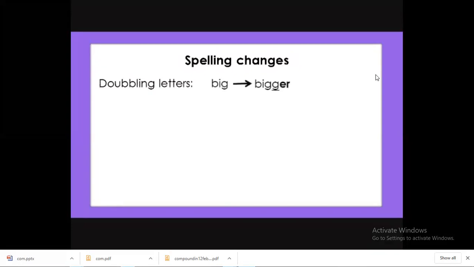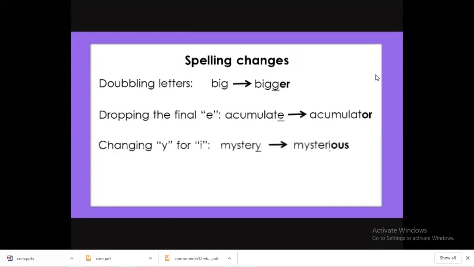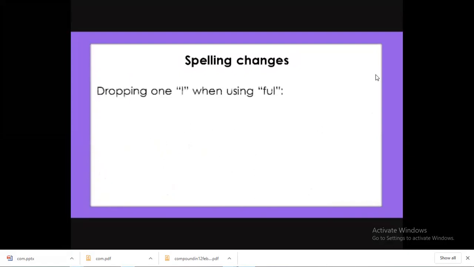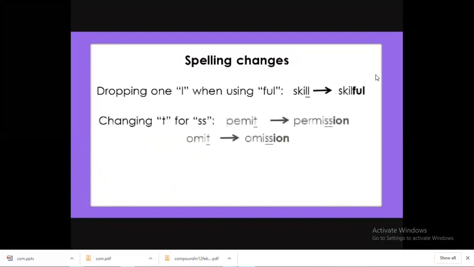In many instances, dropping the E, changing Y to I, or just removing the Y. For adding the suffix -full to words that end in double L, we drop one L. Changing the T to double S. There were some changes in some cases.